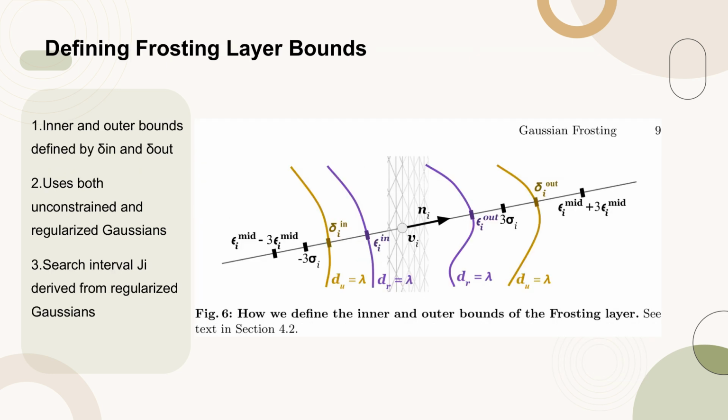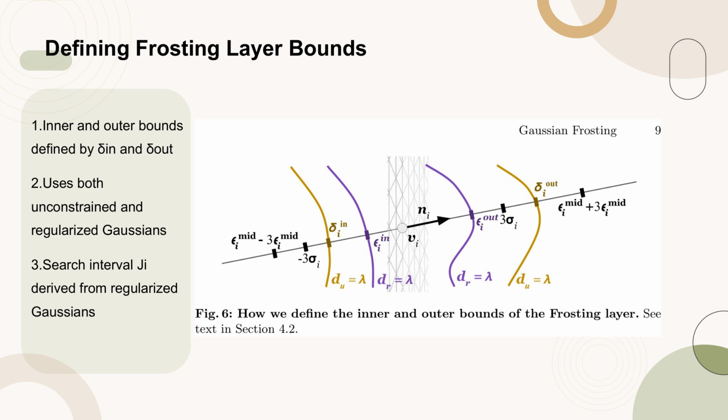Figure 6 illustrates the process of defining the inner and outer bounds of the frosting layer. This layer is crucial for volumetric rendering, especially in areas with fuzzy materials like hair or grass. The bounds are determined by introducing two values, in and out, for each vertex of the base mesh. These values create two surfaces that define the layer's limits.